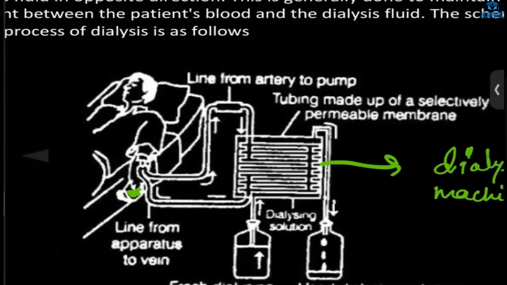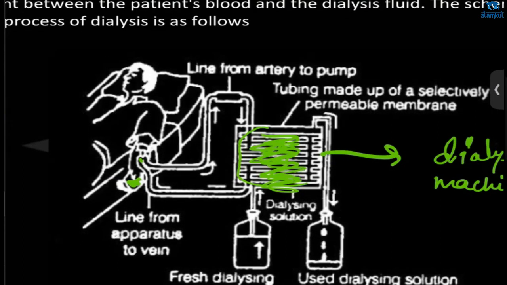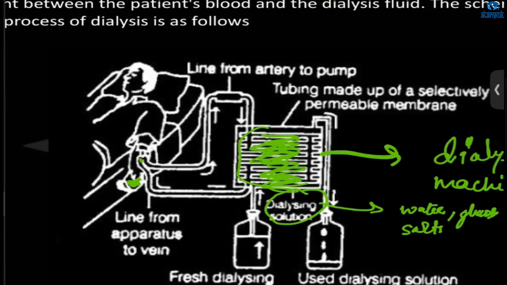So the blood from the artery is made to flow in this dialyzer. Here, the dialyzing solution will contain water, glucose, and salts. It will be similar to normal blood.